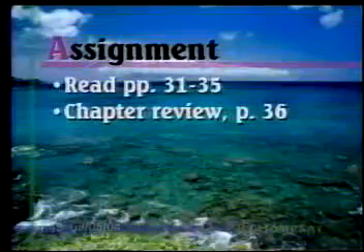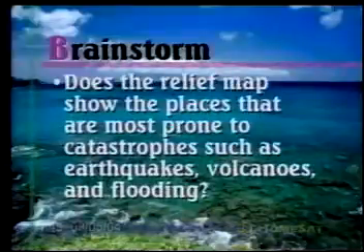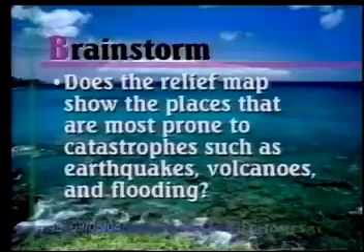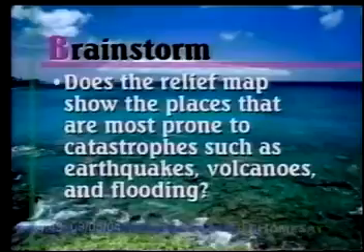So you want to make sure to have plenty of time to get that done this evening or whenever you'll be tackling your assignment. Now, as you read, think about this question. Does the World Relief Map show the places that are most prone to catastrophes such as earthquakes, volcanoes, and flooding? Okay, so keep that in mind. Could you see those areas on our World Relief Map at the front of our book?